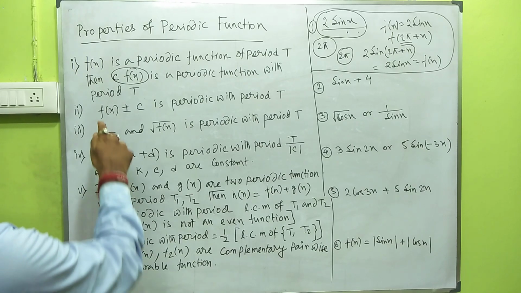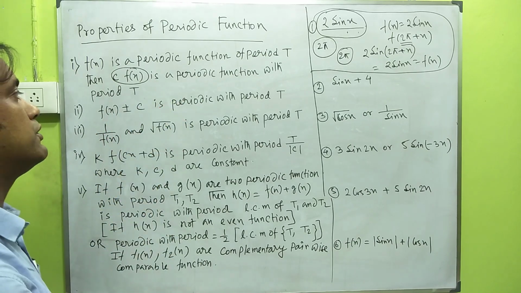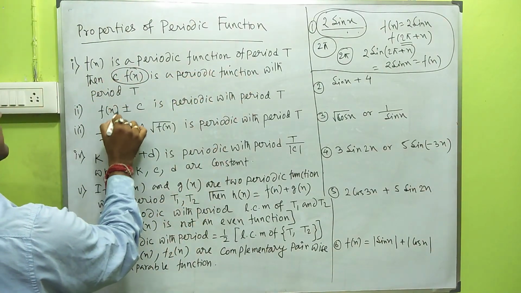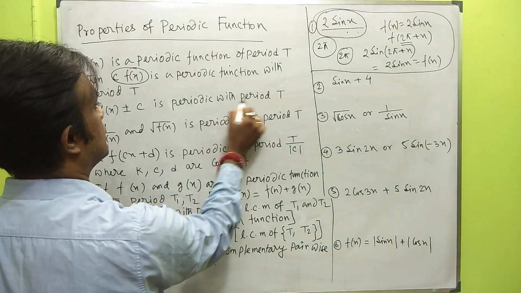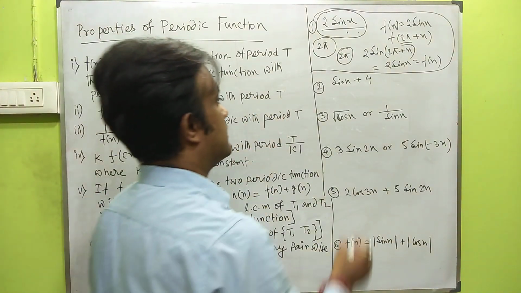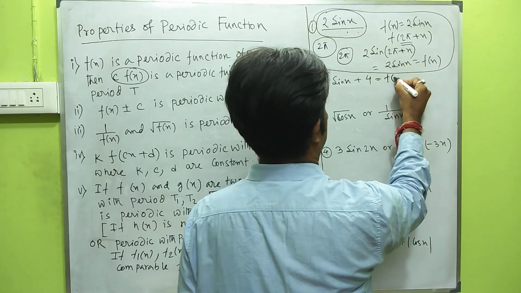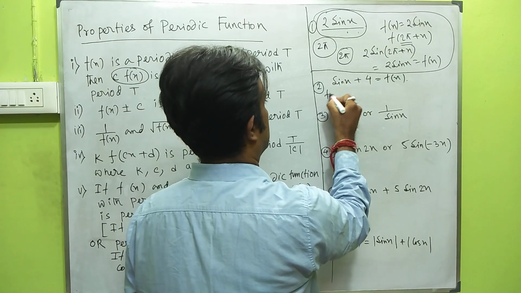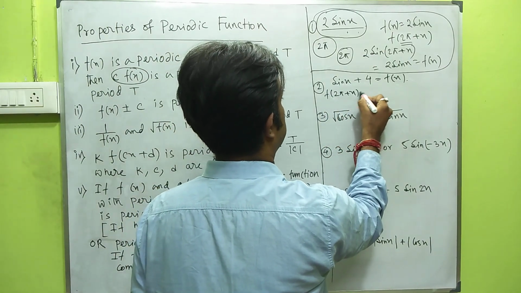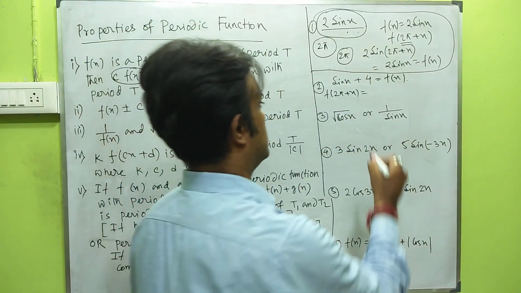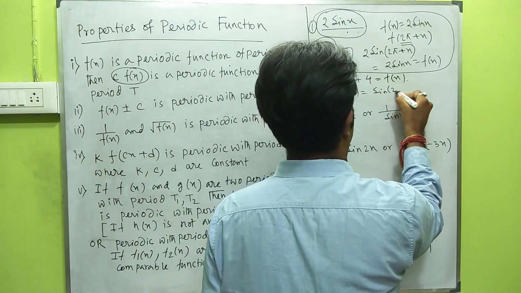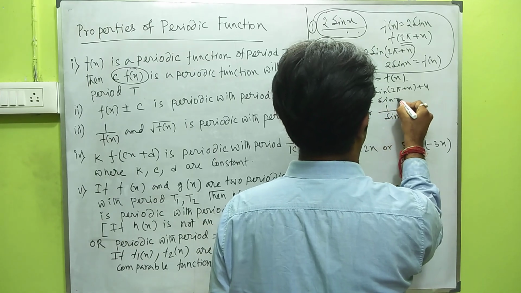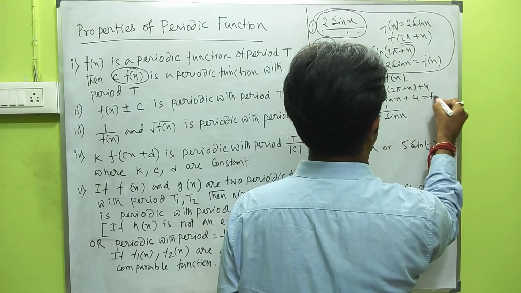Now in the second portion, if f(x) is a periodic function, then f of x plus or minus c is periodic with the same period. That is, if sin of x plus 4 is equal to f(x), then f of 2 pi plus x will be sin of 2 pi plus x plus 4, that is sin of x plus 4, that is f(x).